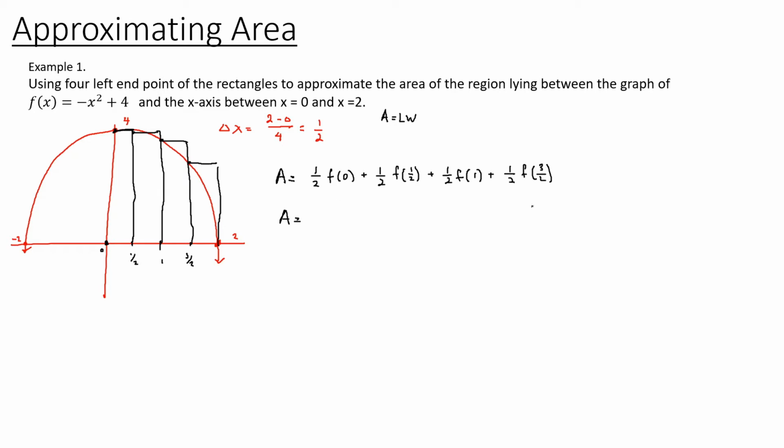They all have an equal width, so I'm going to factor out 1/2. F of 0 is when x is equal to 0, so that will be 4. F of 1/2 is 15/4. F of 1 is 3. F of 3/2 is 7/4.